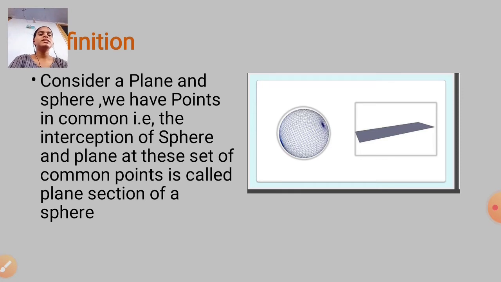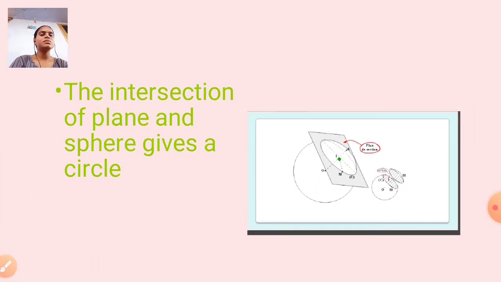The intersection of the sphere and the plane at these common points is called the plane section of the sphere. That means when we consider a plane and a sphere with points in common, the intersection of the plane and the sphere together gives a circle, and that is called the plane section of the sphere.